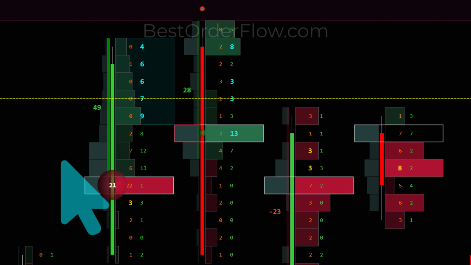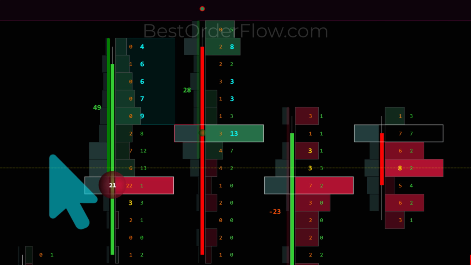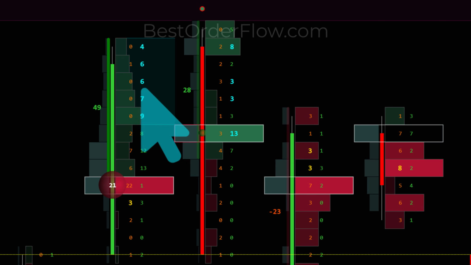Although this footprint is absolutely amazing, it shows this imbalance 4, 6, 6, 7, 9. This is the imbalance zone that's created, and you see this 49. This is real-time delta developing in this area. This is the summary of this area of this candle, only over here. 49 buyers sitting right over here.